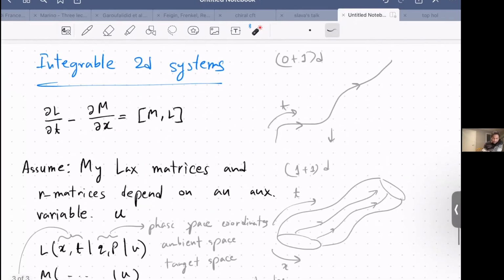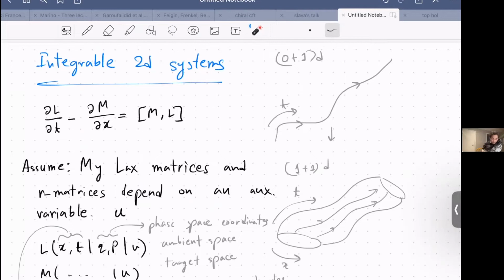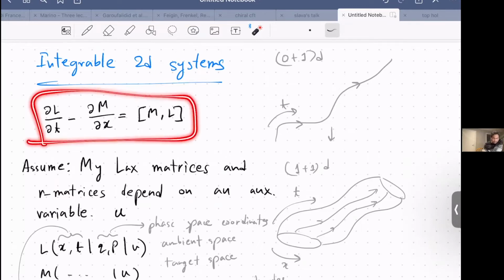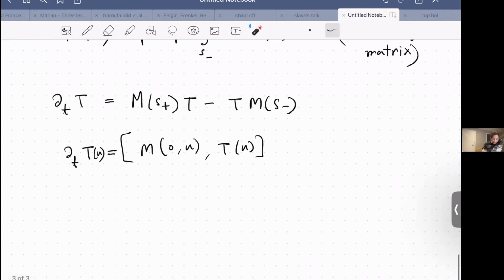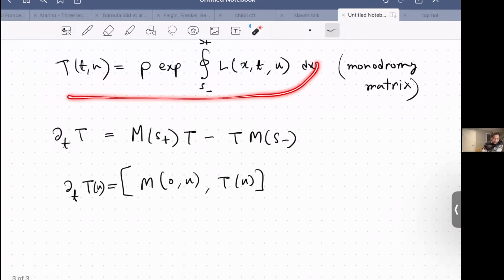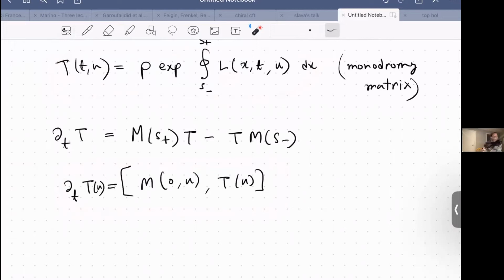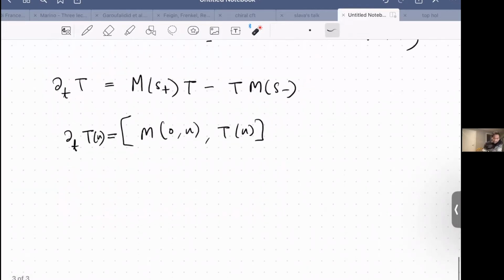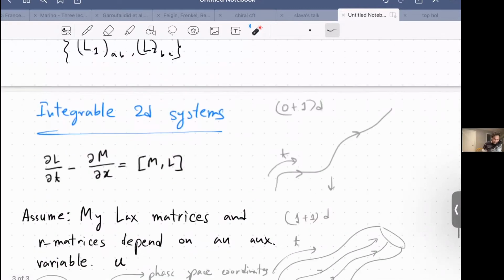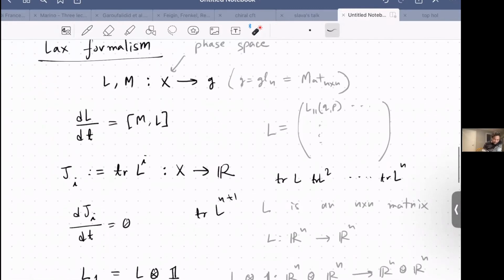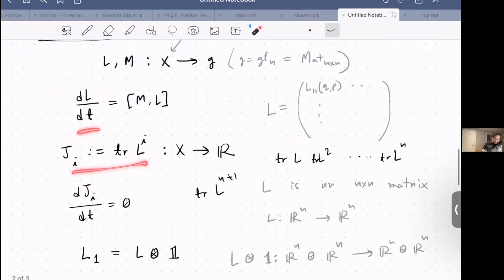So in going from one-dimensional field theory to two-dimensional field theory, we modified our Lax equation somewhat, but we find that we can still define an operator in terms of our L operator that satisfies the same equation as the zero-dimensional field theory version. So then we can construct the conserved charges from this T in exactly the same way as we did from this L.